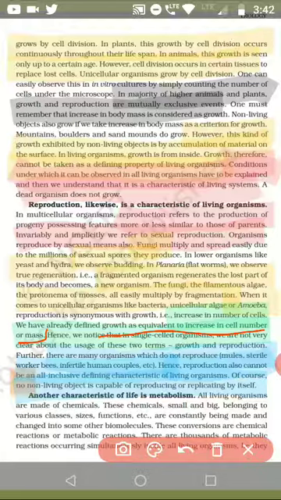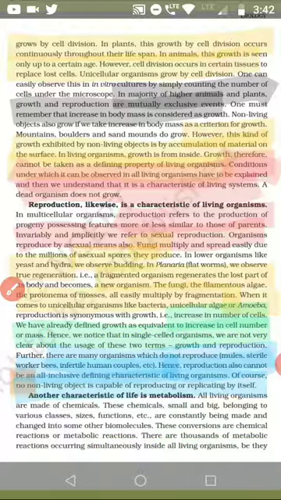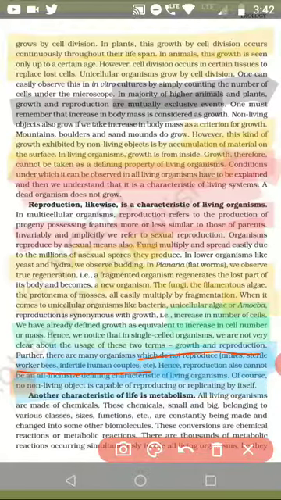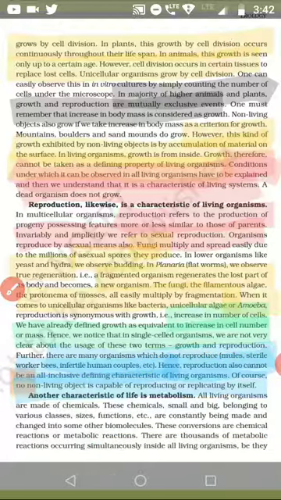Now, there are certain limitations to this also, that certain organisms do not reproduce, like mules, sterile worker bees, infertile human couples, etc. They don't reproduce. Hence, reproduction cannot be an all-inclusive definition for the characteristics of living organisms.